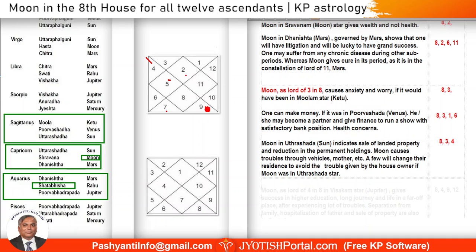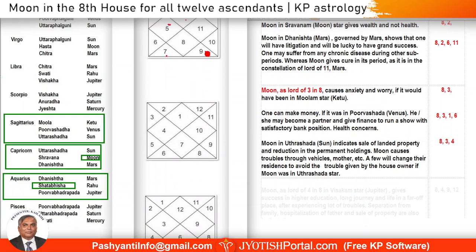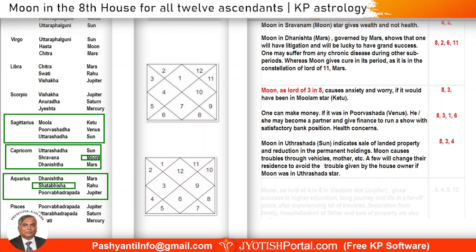So now let's move on to the next one. Now we have this particular chart in focus. Let's first identify the eighth house and let's identify the lordship of Moon.